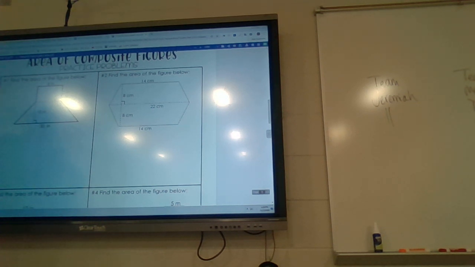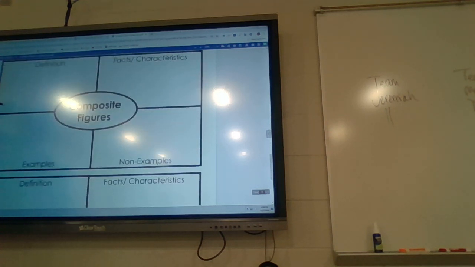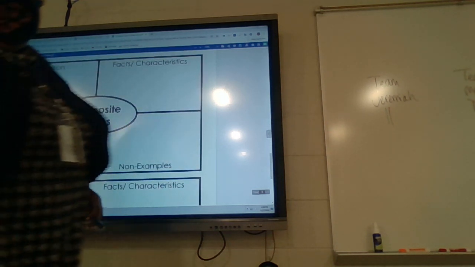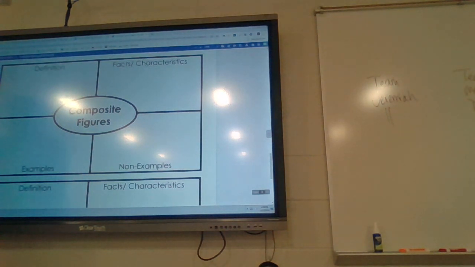Okay. So let's go to the third page on your notes. Let's go down here, and then we'll do the practice problems last. We're going to write down these definitions. You need to pay attention. So, definitions.